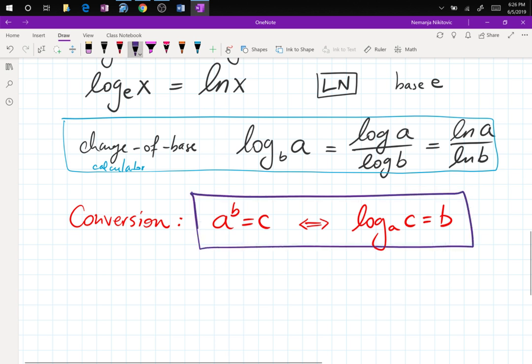So this is something that you have to use all the time to solve either exponential or logarithmic equations. So conversion is extremely important.